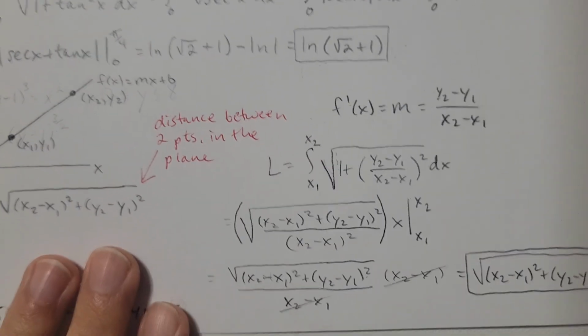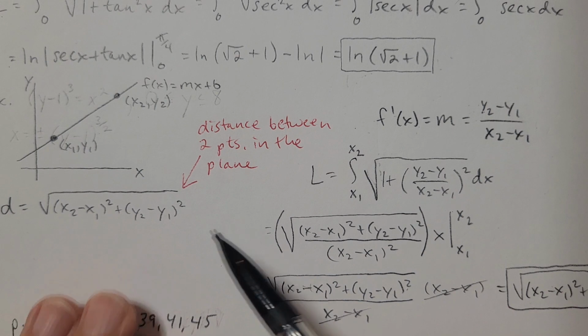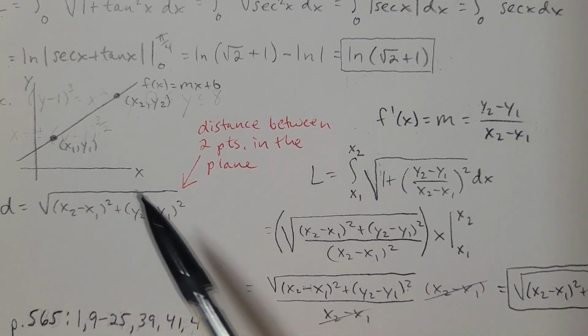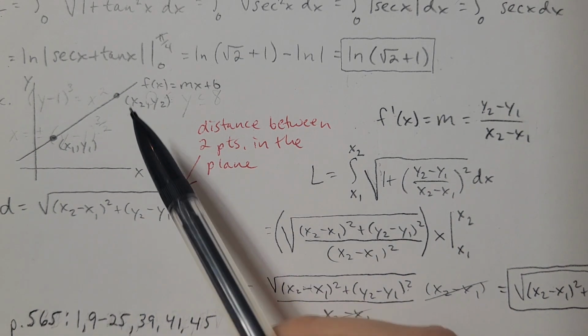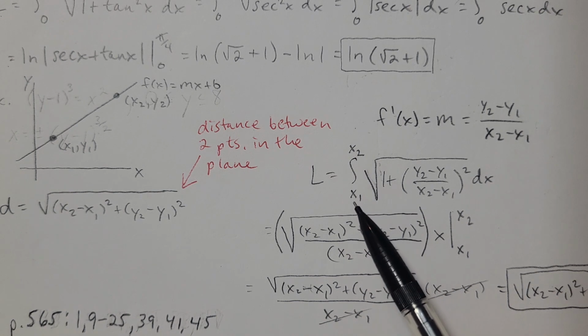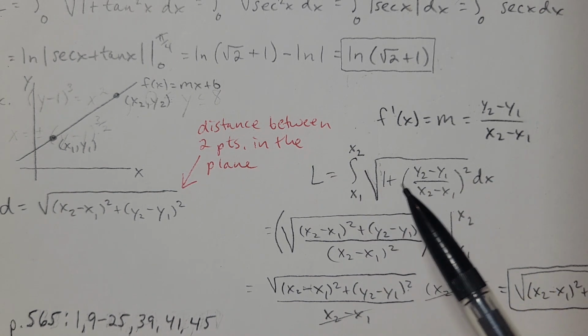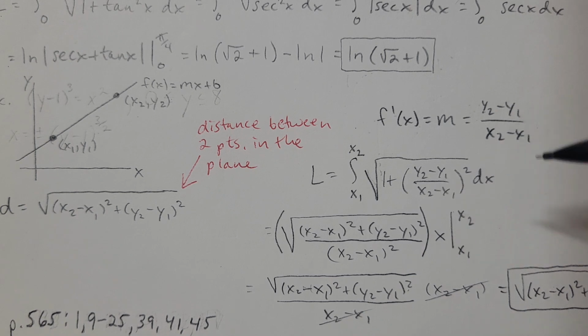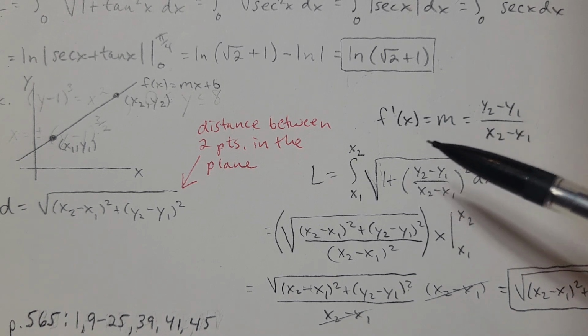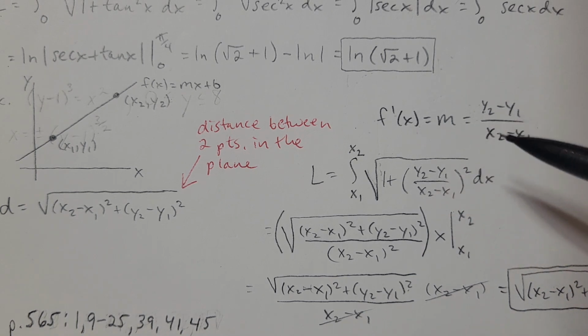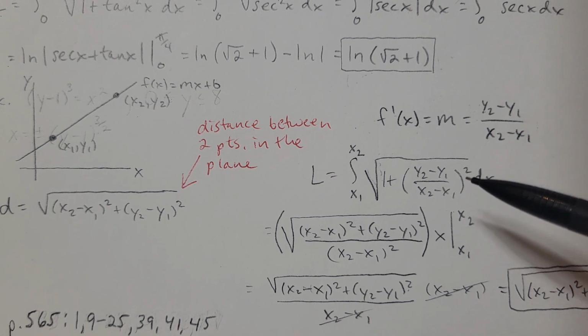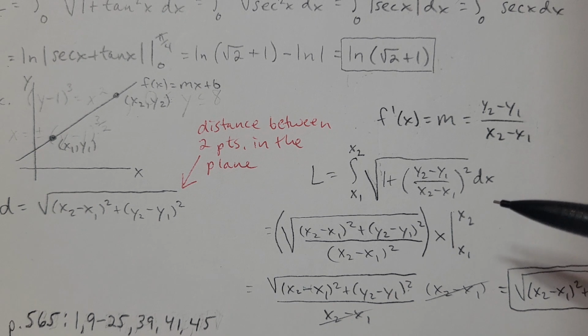So the conditions on x are, I'm going from x1 to x2 for the bounds. And I'm integrating the square root of 1 plus f prime of x, the slope of this line, so y2 minus y1 divided by x2 minus x1, squared, dx.